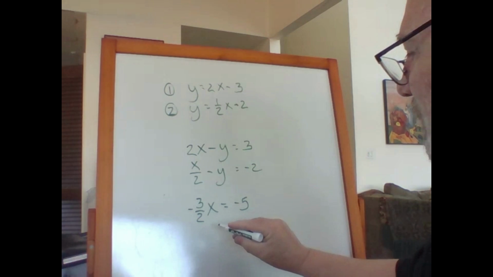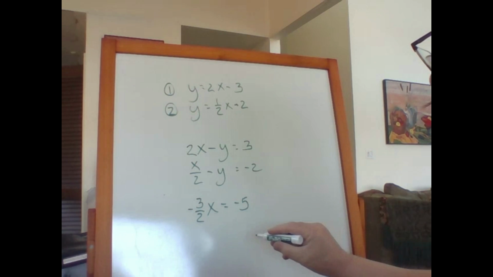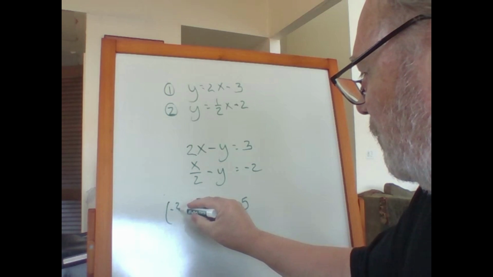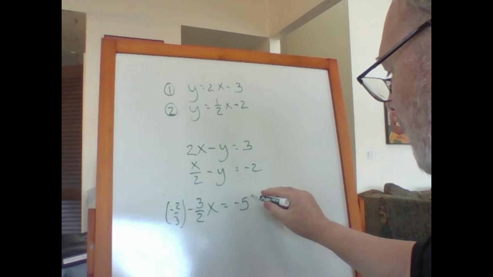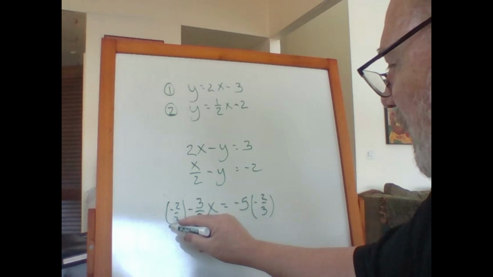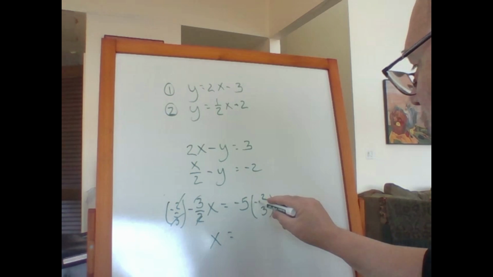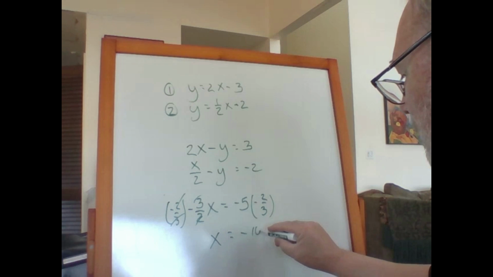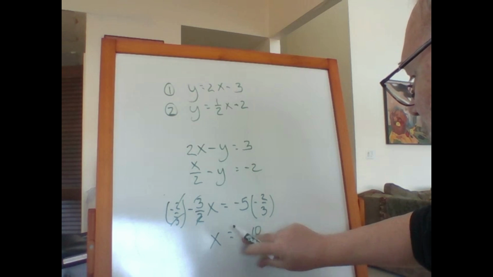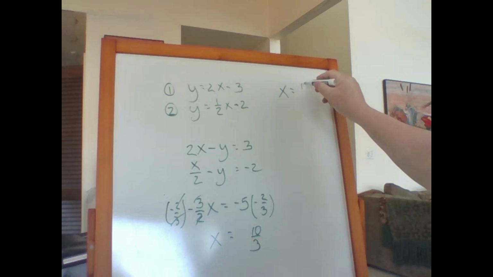Now if we multiply both sides by minus 2/3, that cancels, and we have x equals minus 5 times minus 2, which is 10, over 3. So x equals 10/3.